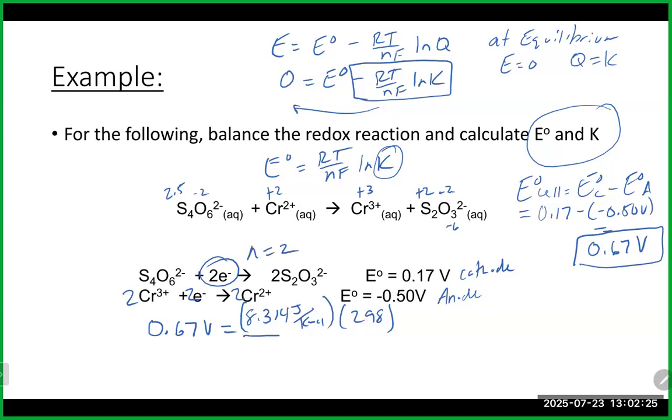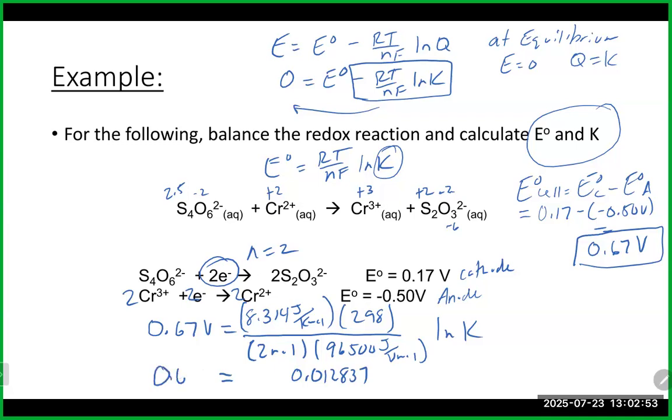And that's going to give us 2 moles and 96,500 times natural log of K. Again, cleaning up the right-hand side: 8.314 times 298 divided by 2 divided by 96.5 is going to get us 0.012837 times natural log of K equals 0.67.